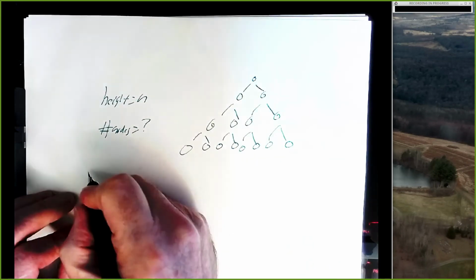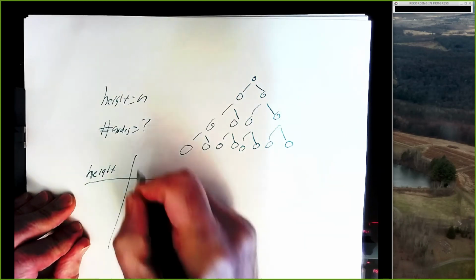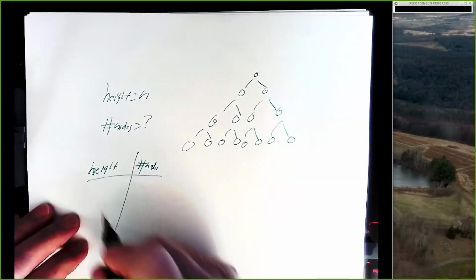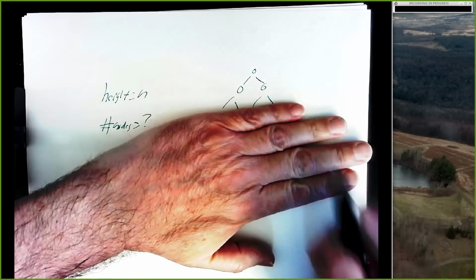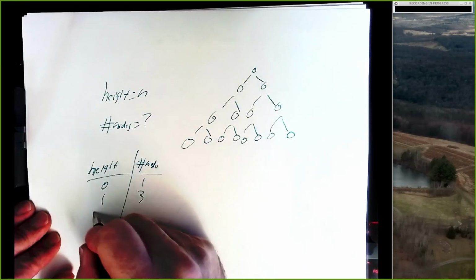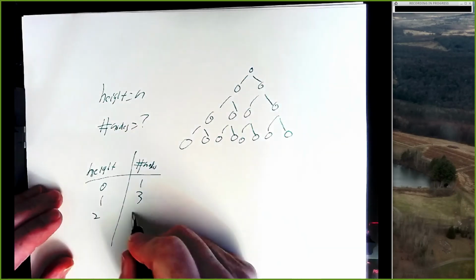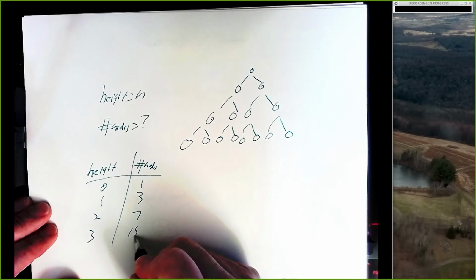So a height of 0. A tree with just a root is a height of 0. So a height of 0 has 1 node. A height of 1 is this tree right here. That's got 3 nodes. A height of 2 would be this tree, which has 1, 2, 3, 4, 5, 6, 7 nodes. A height of 3 would be this, which has 15 nodes.